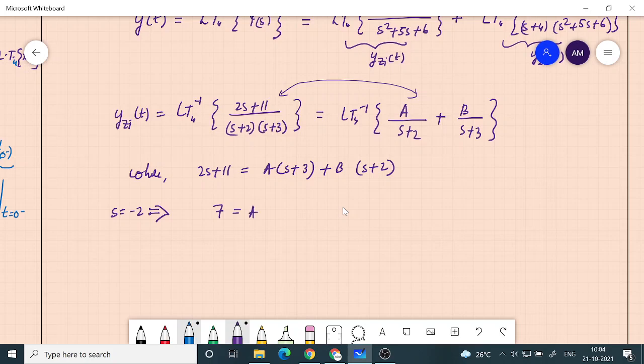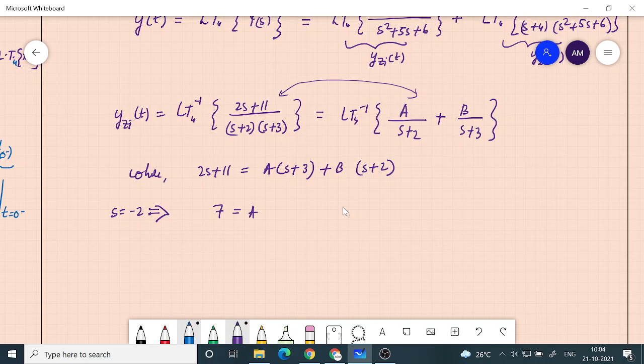So immediately what you get is A equals 7. Okay, so A is obtained.